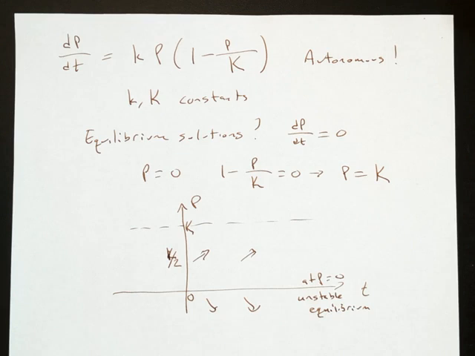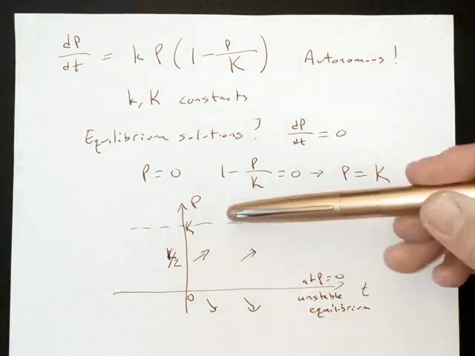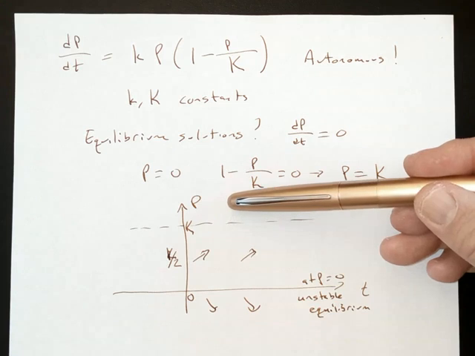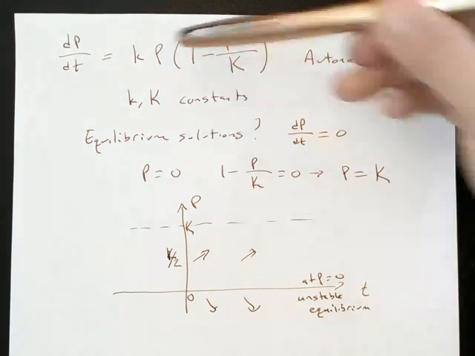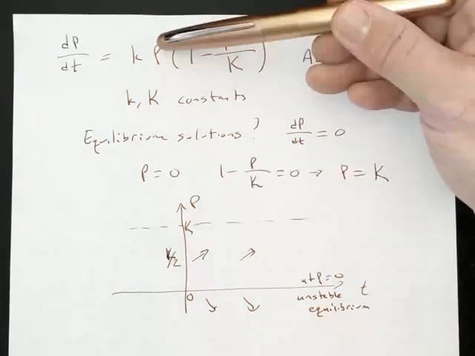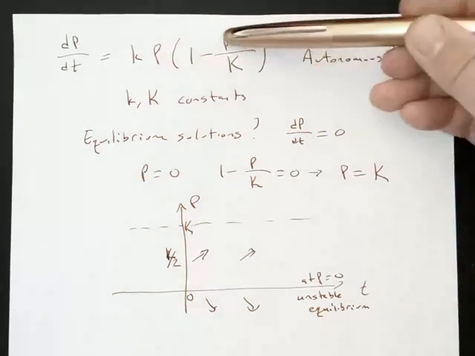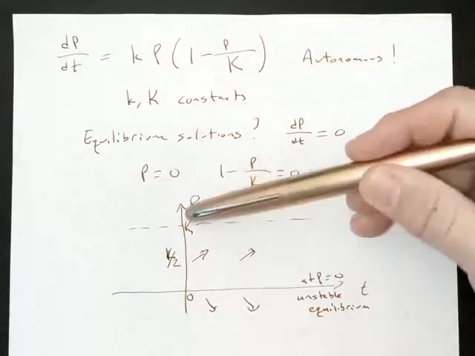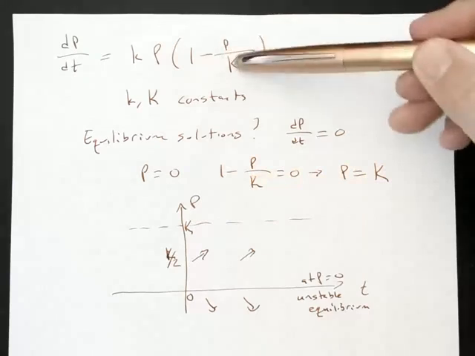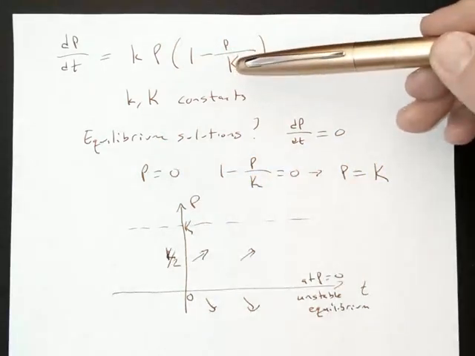What if I pick a value above K? Oh, wait a minute. This is positive. But if P is bigger than K, then this fraction is bigger than 1. 1 minus something bigger than 1 is negative.